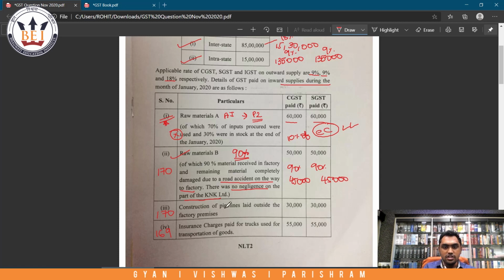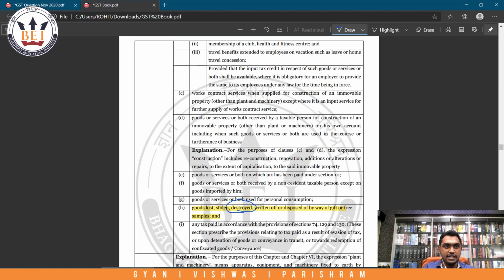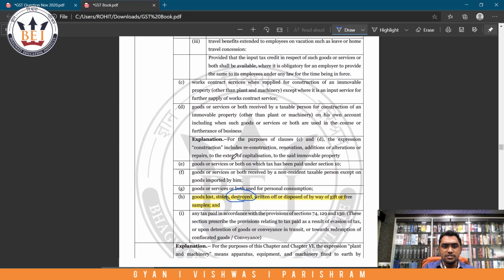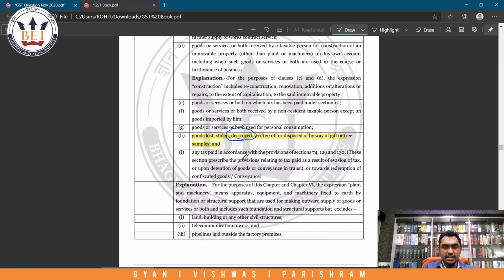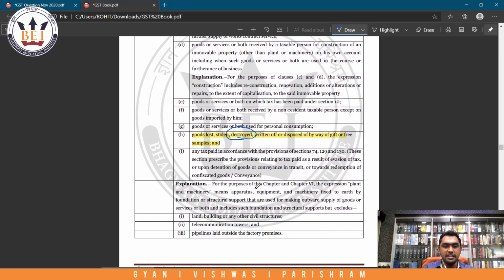Next, construction of pipelines laid outside the factory premises. Very important, outside the factory premises. You remember in section 17.5 blocked credit, we also discussed what is plant and machinery, because on immovable property, land and building, GST credit is restricted, and they said credit is available for plant and machinery.